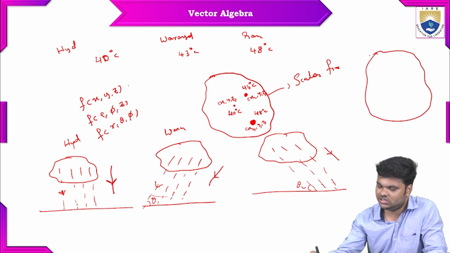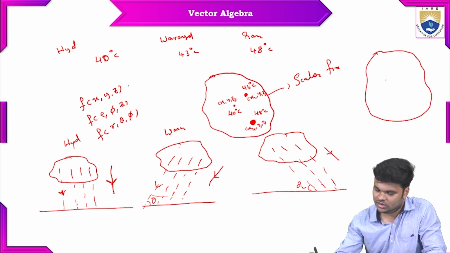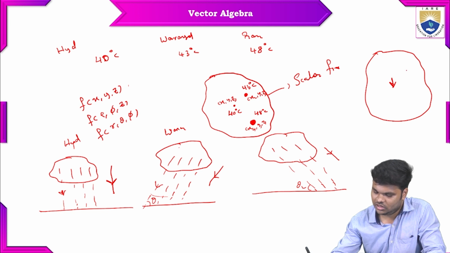If I consider that this is the map of Telangana, then the velocity of the raindrop in Hyderabad is like this. Whereas in Warangal, it is like this.